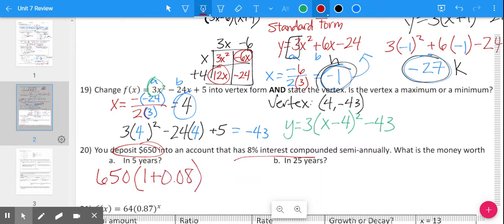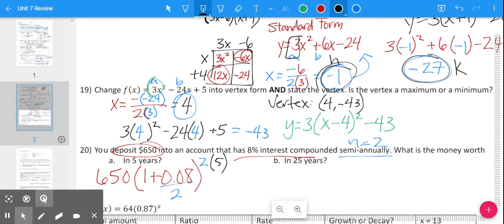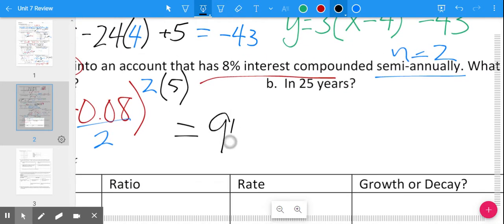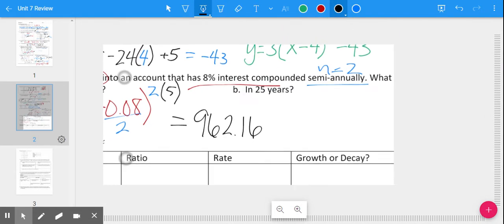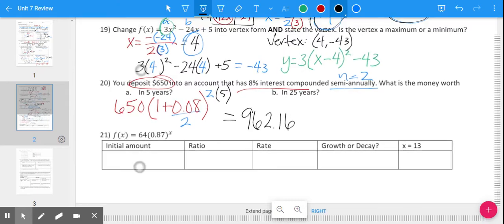And it's compounded semi-annually, which means we have an n value of 2. And we want to know, what is it worth in 5 years? When you plug that in the calculator, you find out that in 5 years it would be worth $962.16.